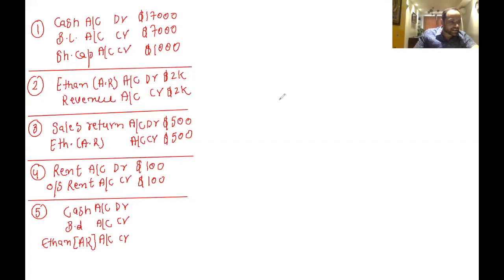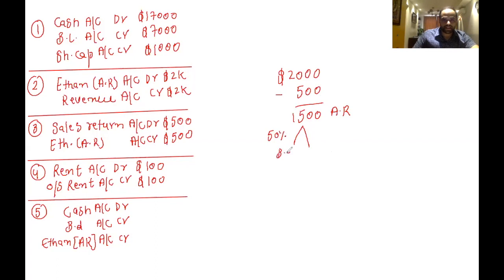Now, look at the amounts. If you look at number 2, you sold product to Ethan 2,000. But number 3 says that Ethan returned 500 back. So account receivable value is 1,500. In this 1,500, 50% are bad debts and 50% already paid.